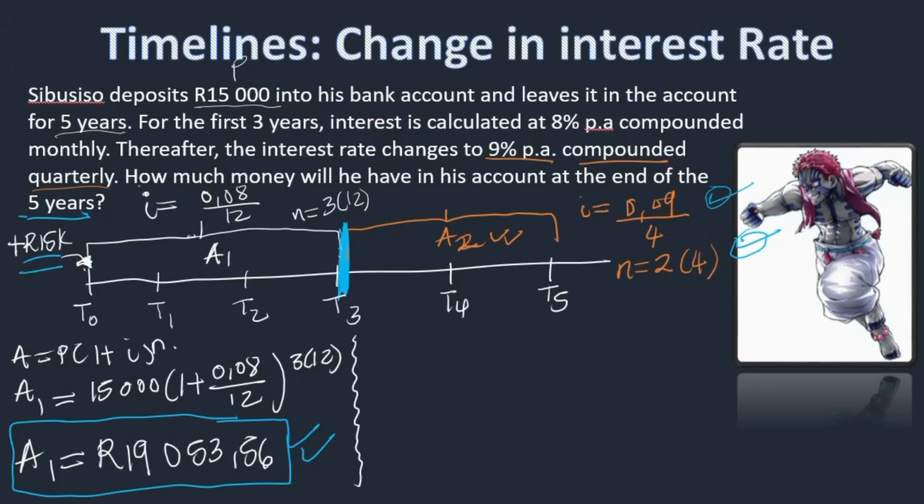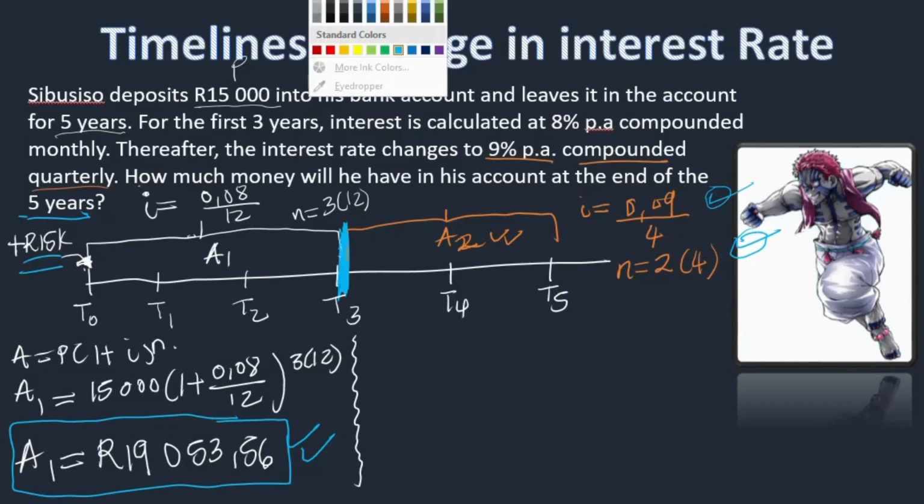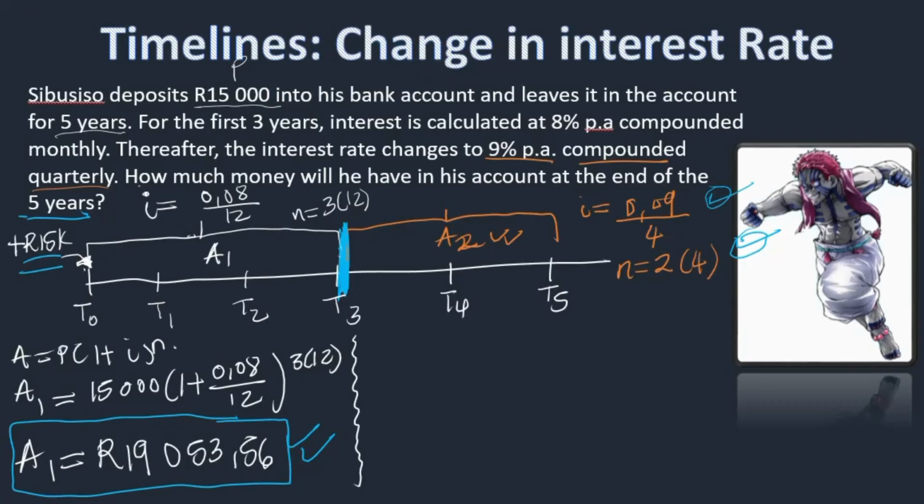So which means the money that I have now, let's use orange. I'm still going to use compound interest because this 9% was compounded. So the money that I have now, I need to recalculate it for me to get an accumulated amount number 2.